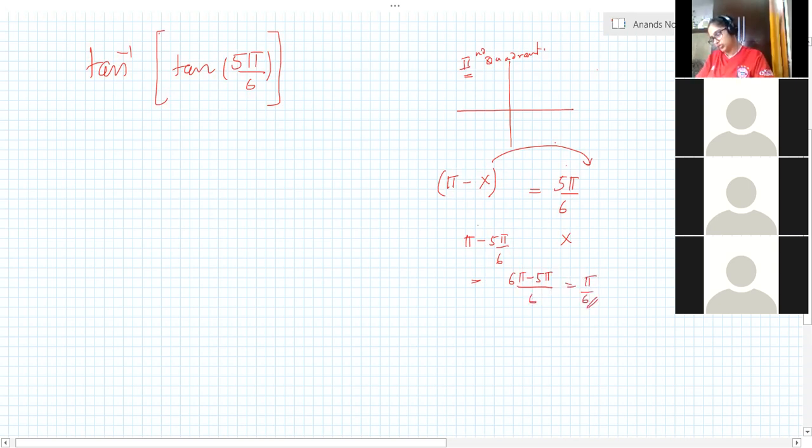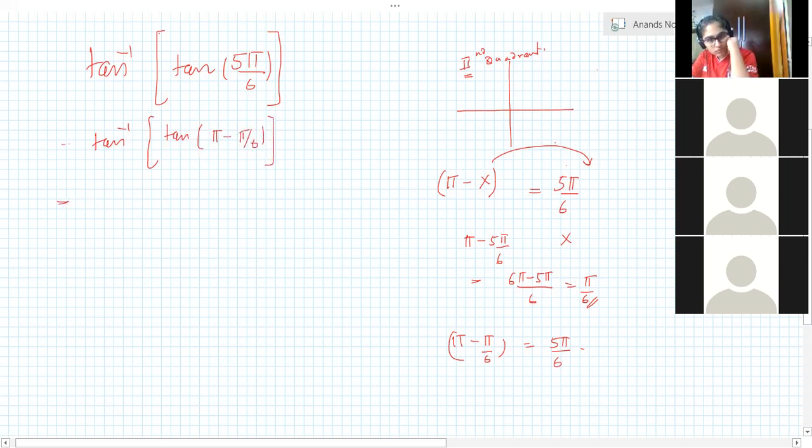So 5 pi by 6 can be written as pi minus pi by 6 without changing the value. Okay, so you say tan inverse of tan of 180 minus pi by 6.